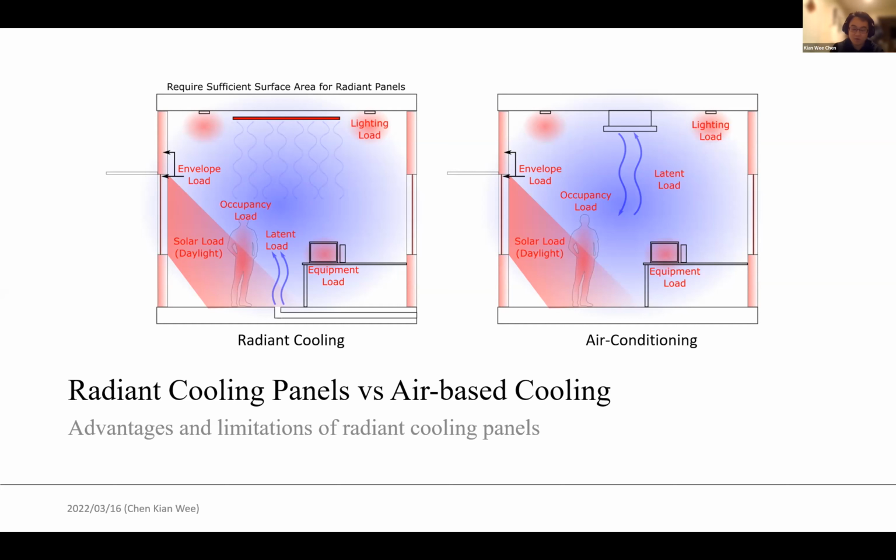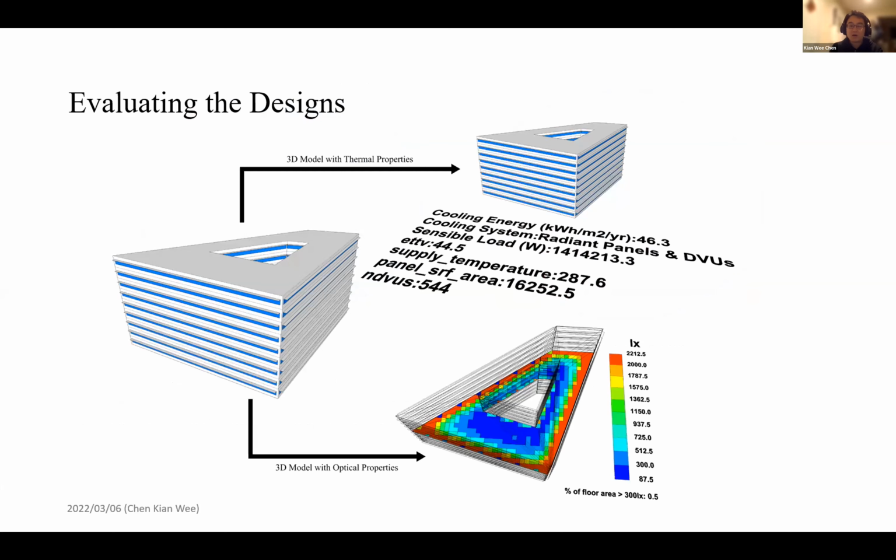So that's how I formulate the design problem. In the optimization, it automatically chooses the cooling system for you. If the load is within the capacity of the radiant cooling panels, we will be using a highly efficient radiant cooling system.